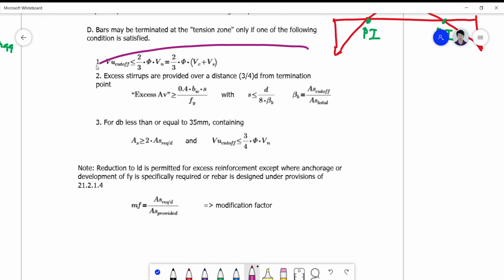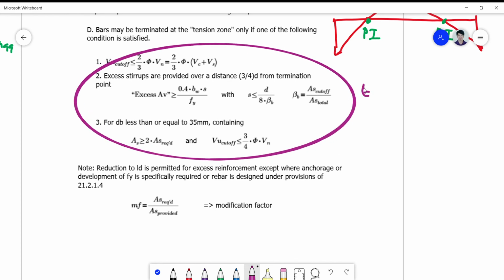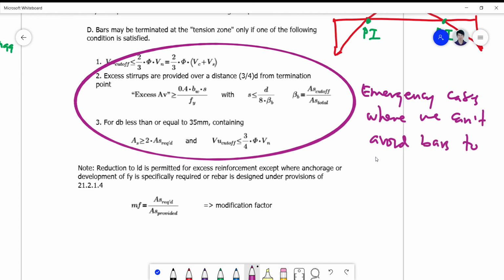So these are just for emergency cases where we cannot avoid bars to terminate at tension zones or to be cut at tension zones. So in case we can avoid it, I'll explain to you this in case we encounter it. I don't want you to be confused this time.